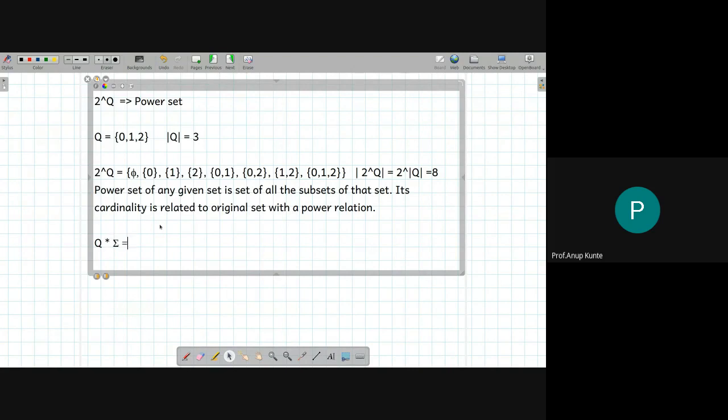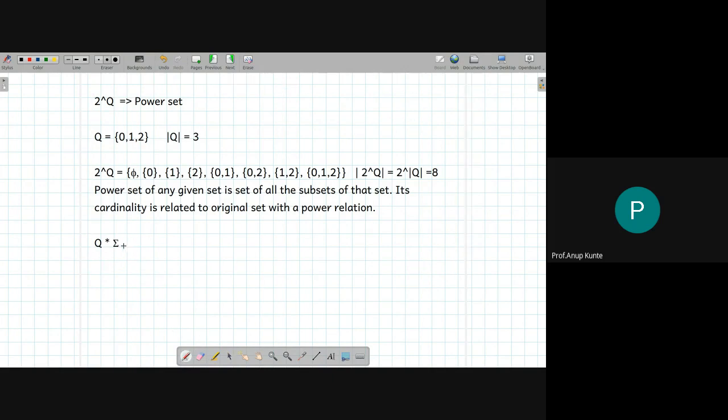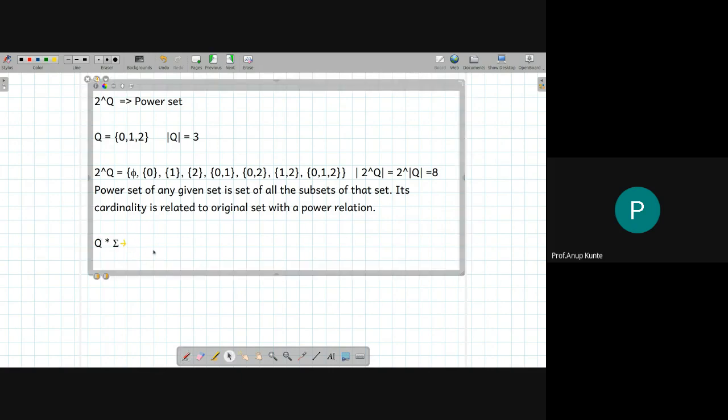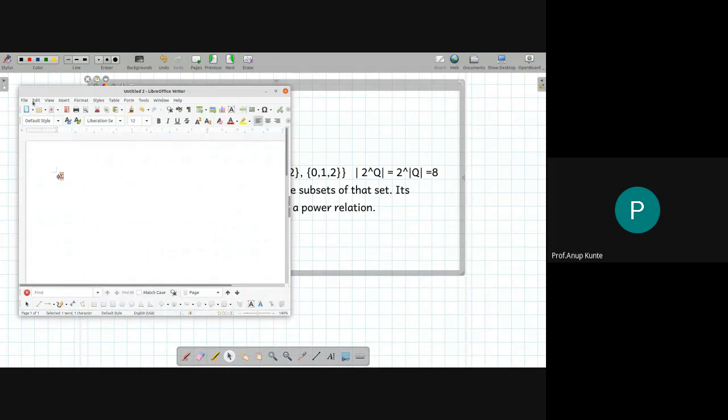So Q cross sigma map to, so the delta function we require it to write in, I'll be using arrow. It's a mapping between Q cross sigma is mapped to 2 raised to Q. Okay, the reason behind this mapping I use as delta, I'll tell you that.